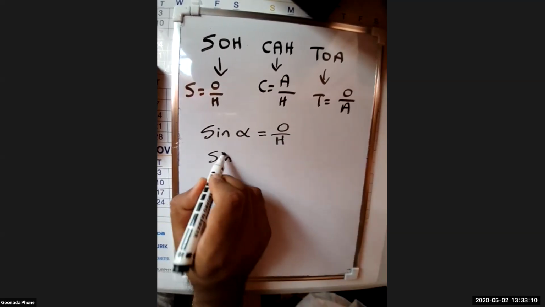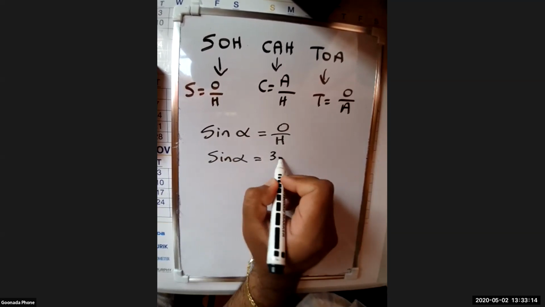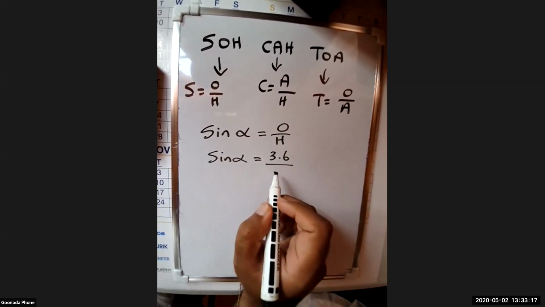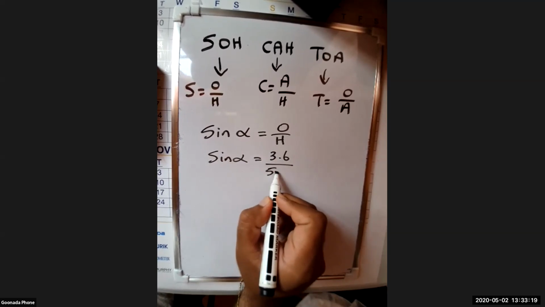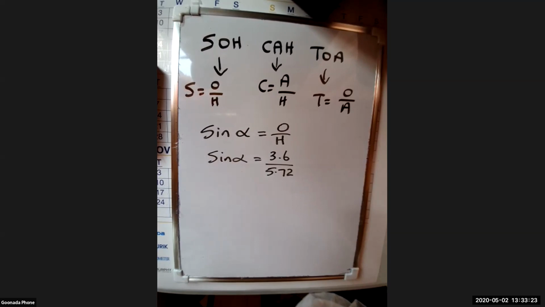In this case, it's 3.6 over the hypotenuse, which is 5.72. Everybody good? Yes, sir. All right. So how do we go? What is the next step from here?